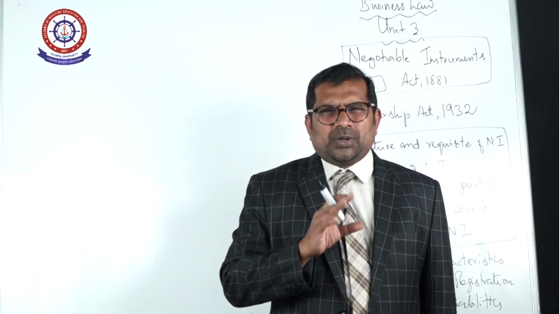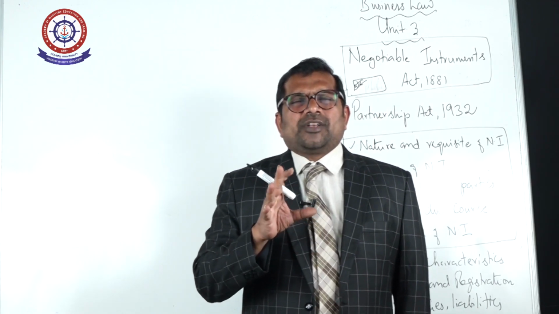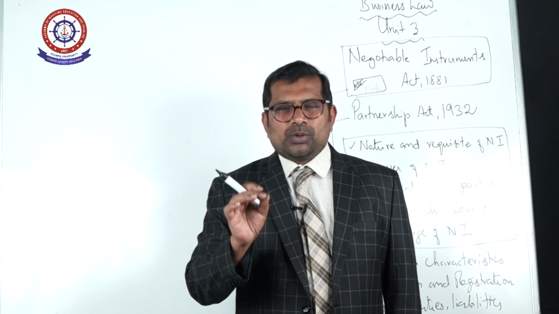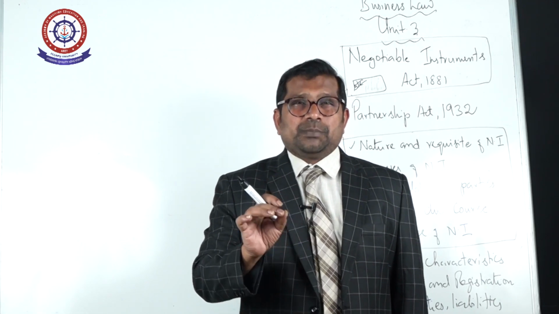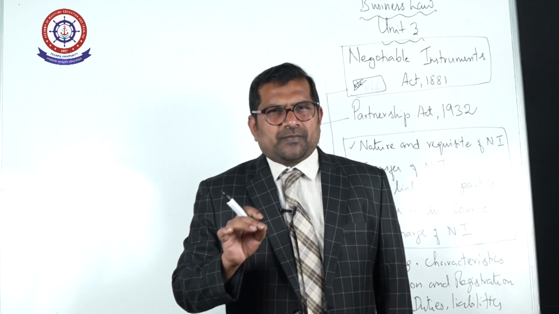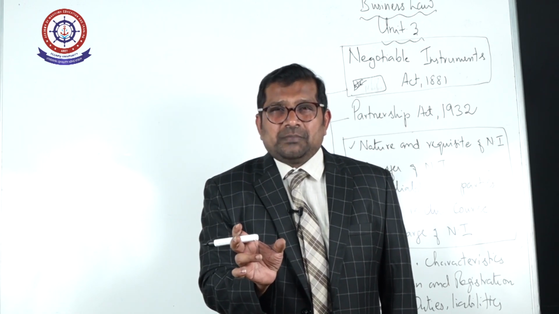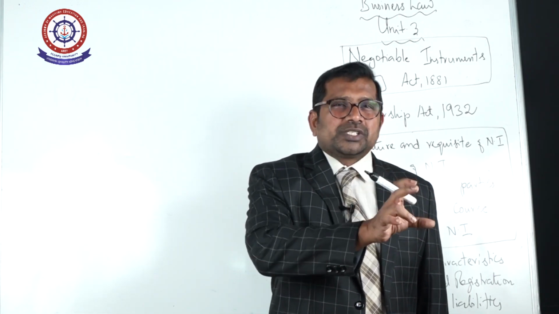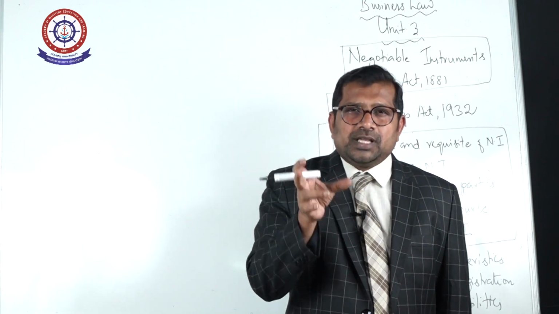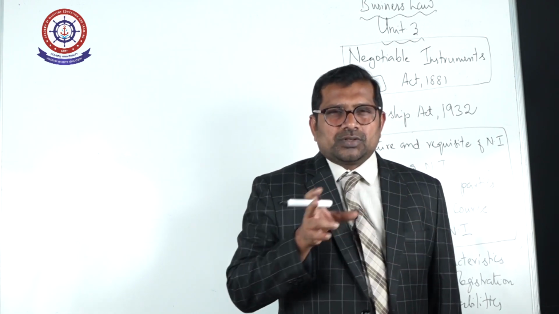Next we are going to discuss registration of partnership business, and how they are going to do the registration. The name of the partnership business is important. When giving the name, the address of the head office is also very important.